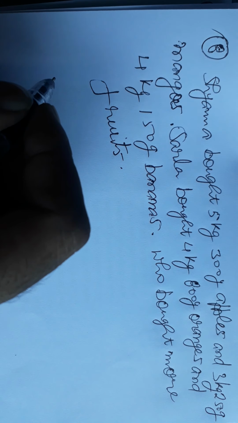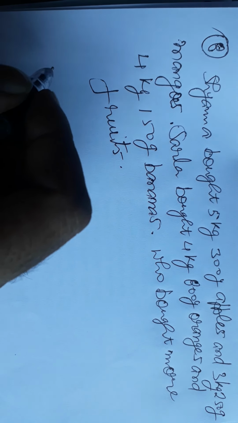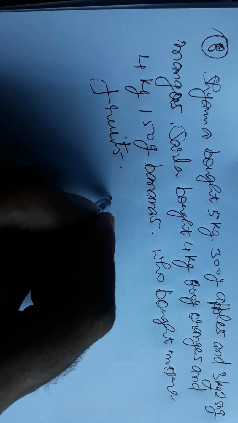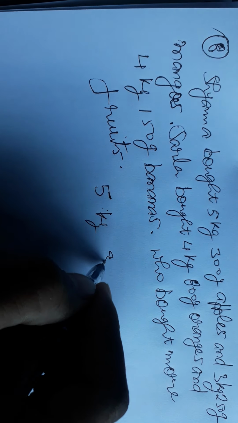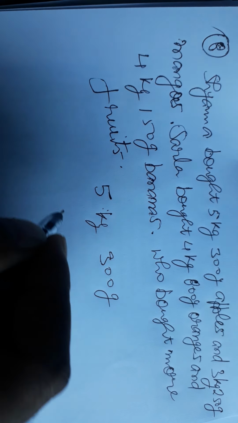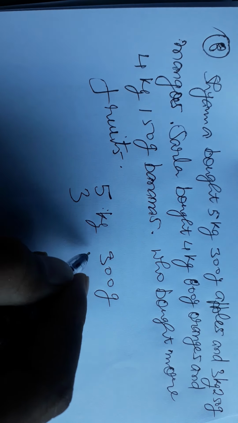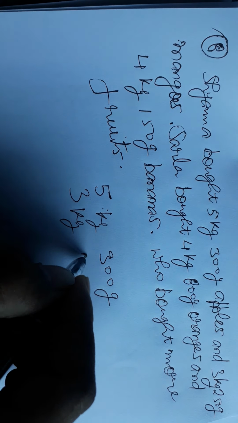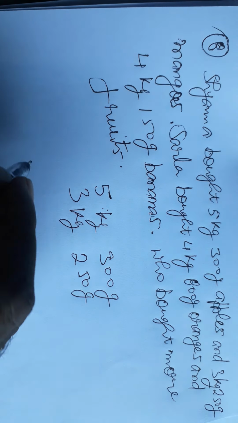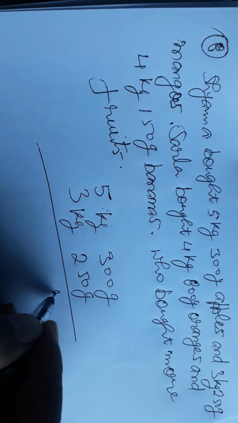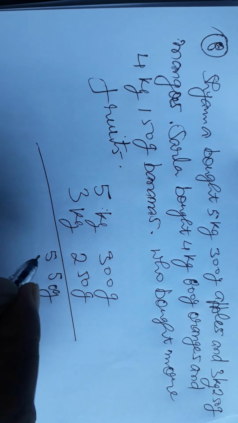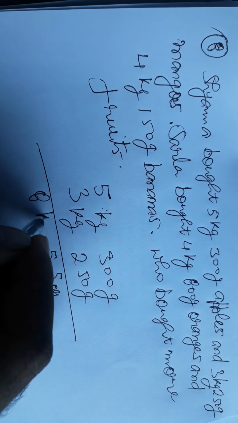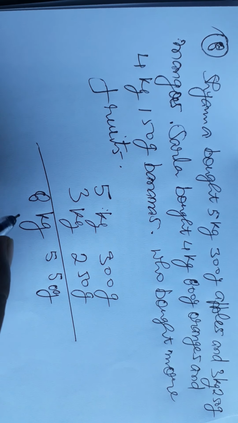Shyama bought this one and this one, so we have to add the two. 5 kg 300 gram is added with 3 kg 250 gram. Grams: 0, 5 and 5, 5, and 5 and 3 is 8, so this is 8 kg 550 grams.